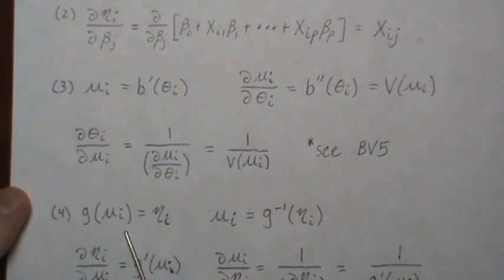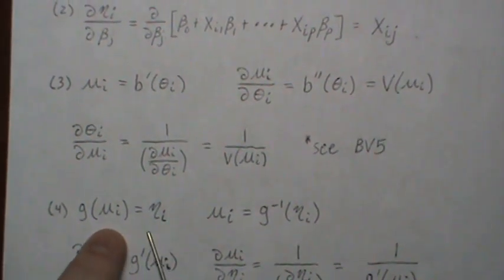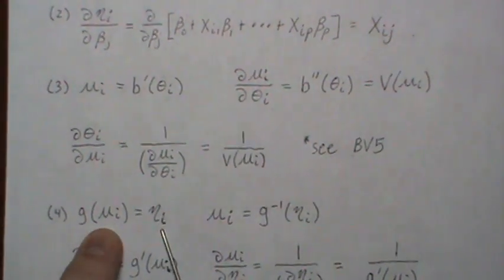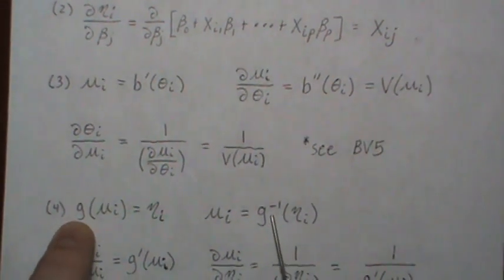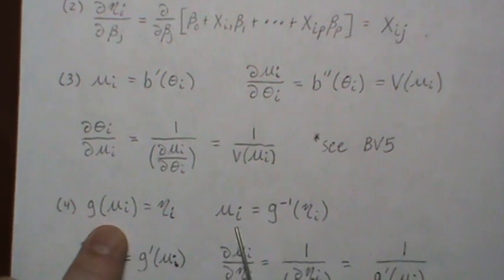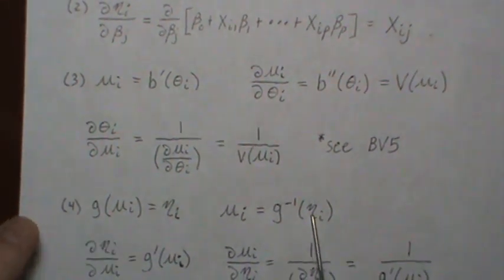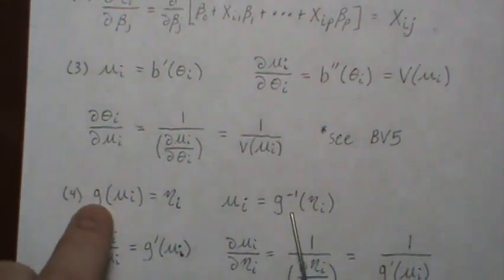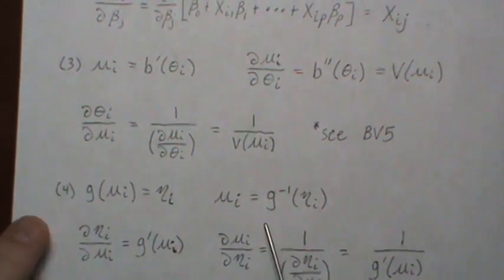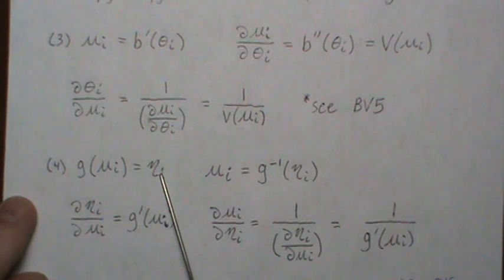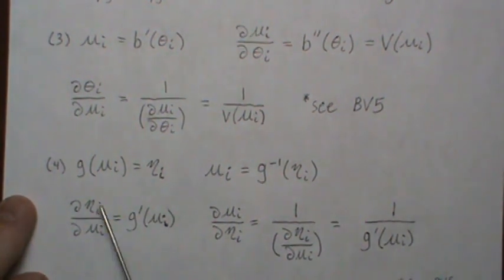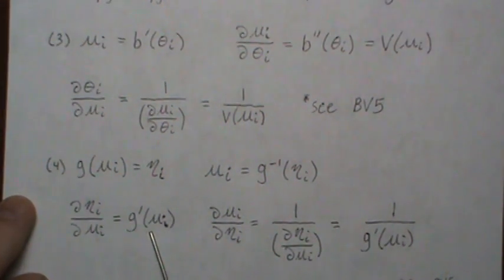Now this one's a little more explicit. So we have the link function of our mean is our linear combination, eta_i. And then you can take the inverse of it and back solve for mu_i, right? The derivatives of inverse functions have a unique property here. So the derivative of eta_i with respect to mu_i is just g prime.